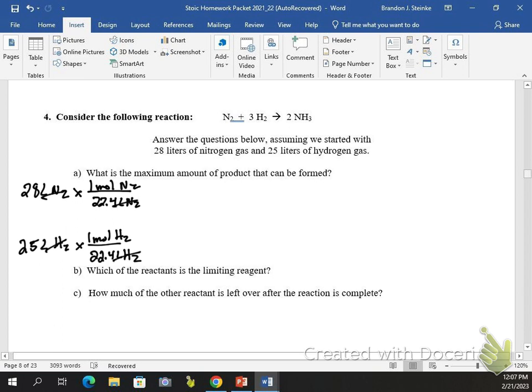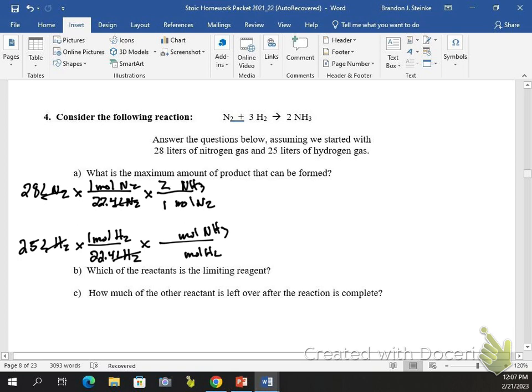Now I'm currently in moles of each one of them. Now I can get out of moles of each one and into moles of what I'm trying to go into, NH3, my product. Now, again, please listen to me how I say this. What is the molar ratio of nitrogen to ammonia?